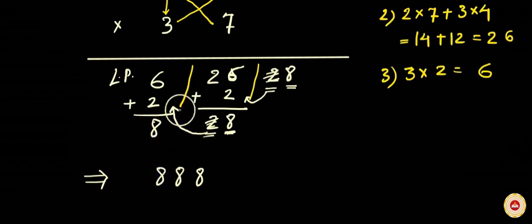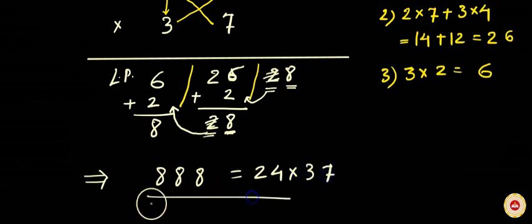Friends, you can write these digits from left to right also. Now we have got the final answer. Final answer is 888. 24 multiplied by 37 is 888. This is our answer.